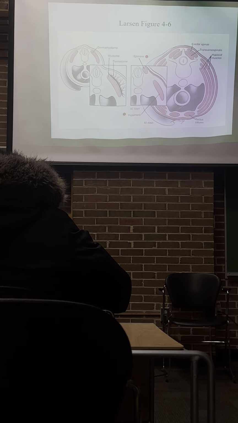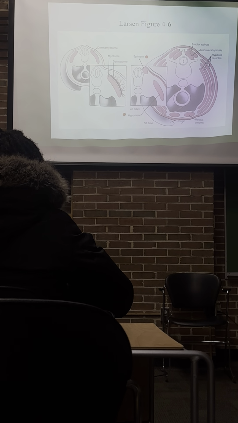The epimere forms the deep musculature of the back, innervated by dorsal primary rami. All the hypomere muscles are going to be innervated by ventral primary rami. Okay? Is that laser etched into your brain? It's a very important principle for us.